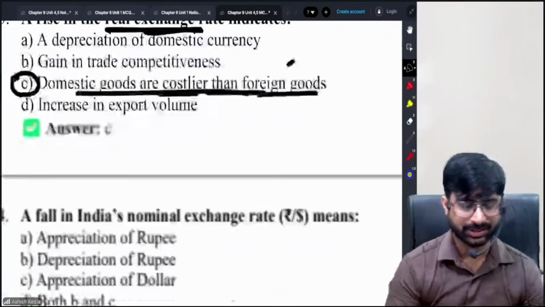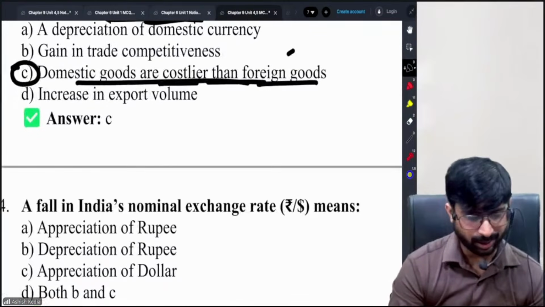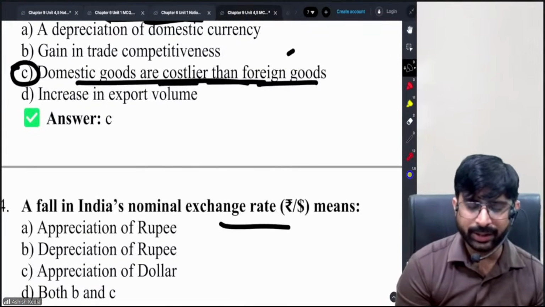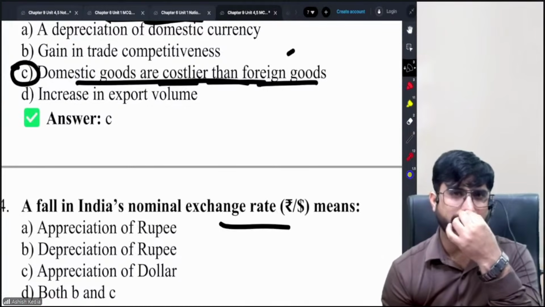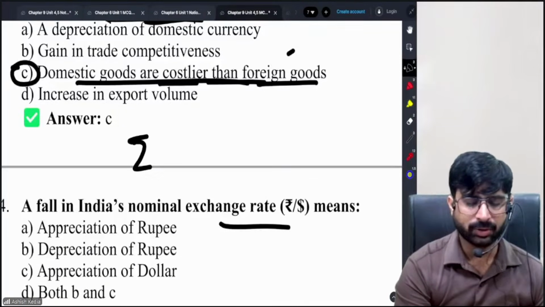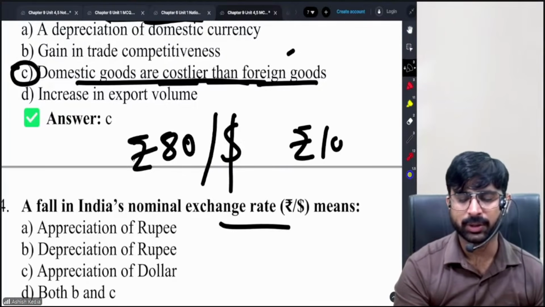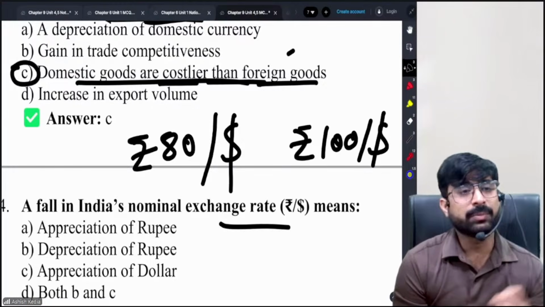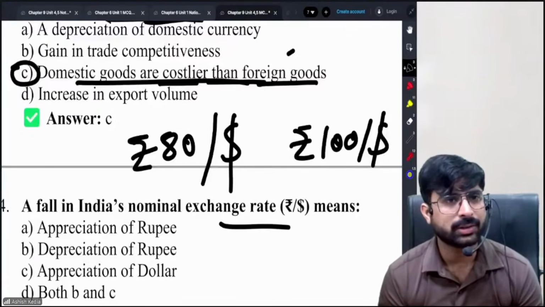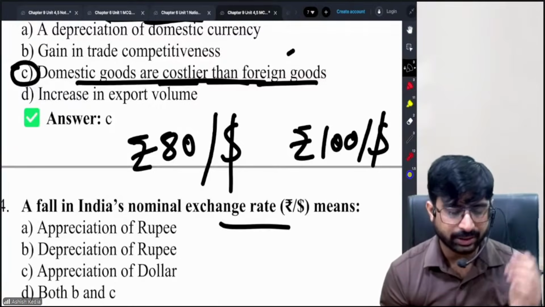Got it, sir. A good question. A fall in India's nominal exchange rate. It means what? Suppose we were at rupees 80 per dollar. Fall in exchange rate means it has become rupees 100 per dollar. It means the value of the rupee has fallen and the value of the dollar has increased.